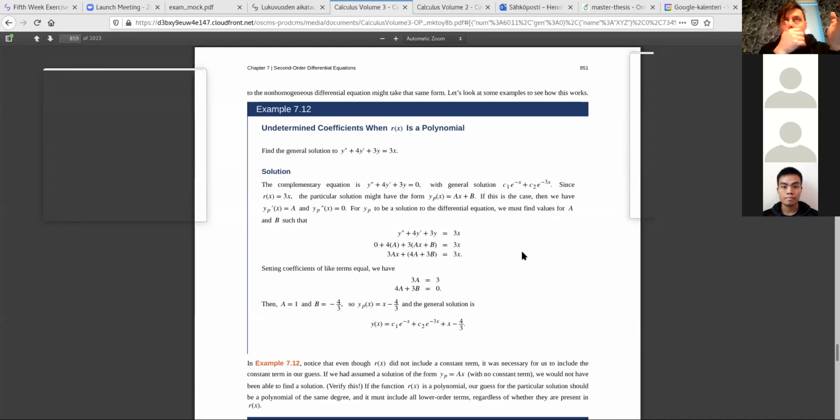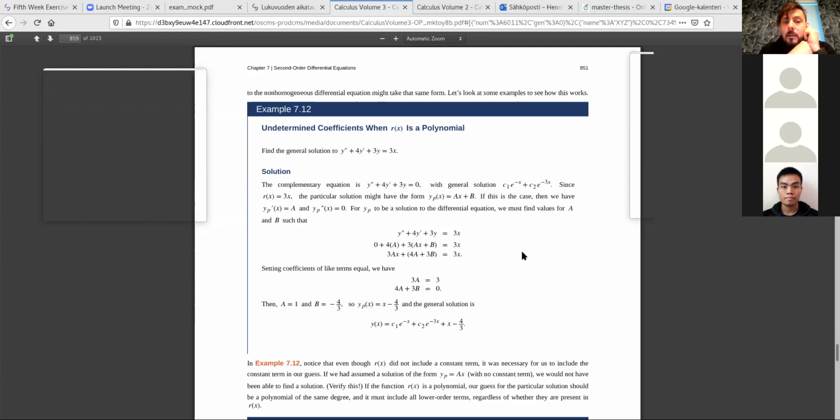Because you take the highest order term, the highest exponent of x, let's say it's x to the n. You take the derivative of x to the n, and what you get is n times x to the n minus 1.